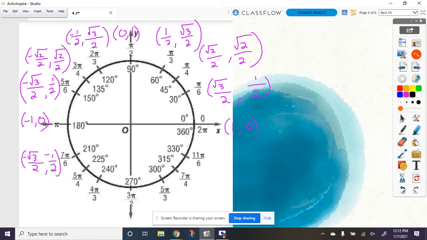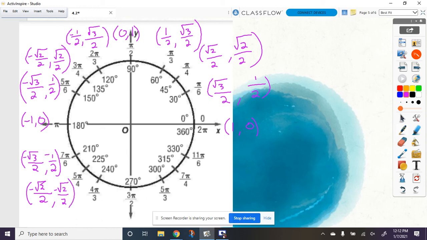Okay. So then, what is the angle going to be for the triangle for our 225? Same as 45, but negative square root of 2 over 2. Okay.